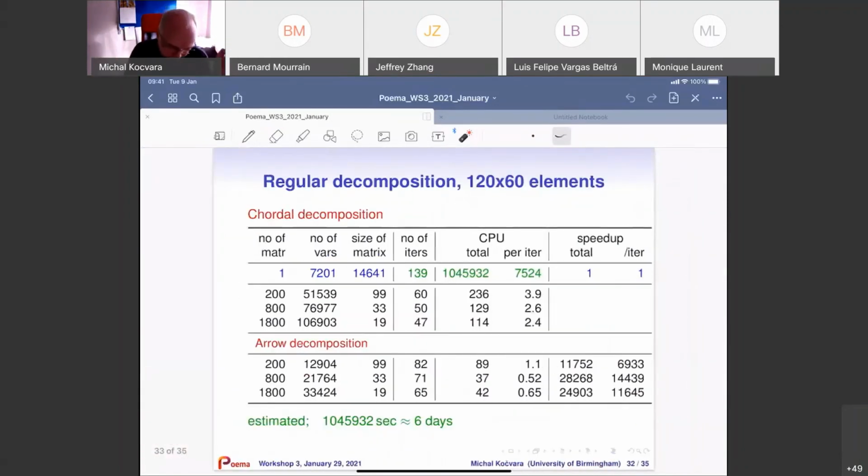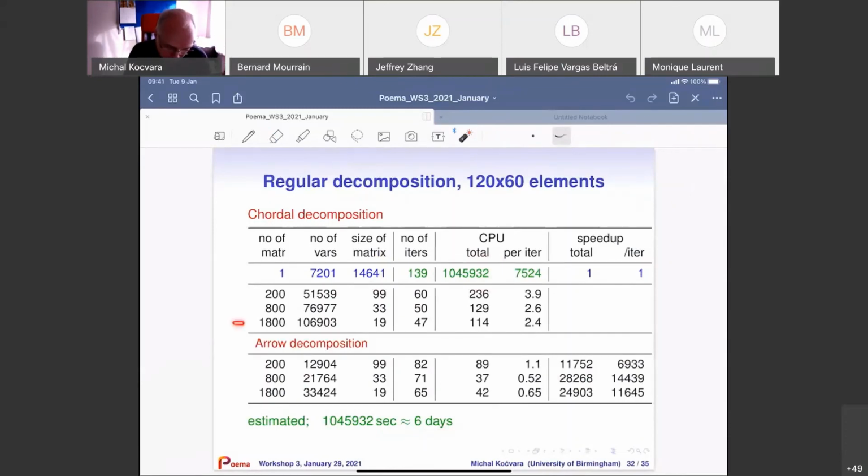This is a bigger example now, with 7,200 variables, much bigger LMI. The original problem, I was unable to solve it by MOSEK because it simply didn't fit into memory. But if I just extrapolate the CPU time from smaller examples, it would take like 6 days to solve it.